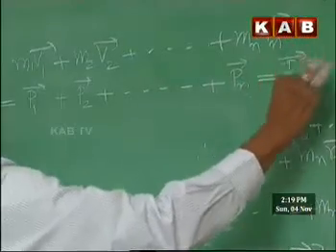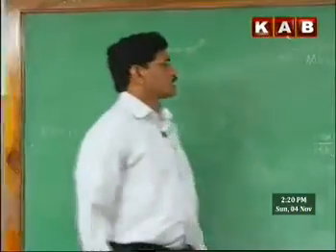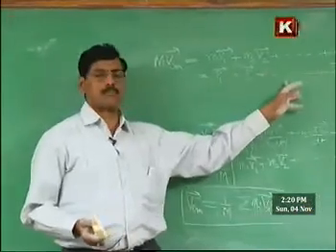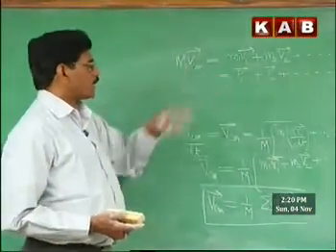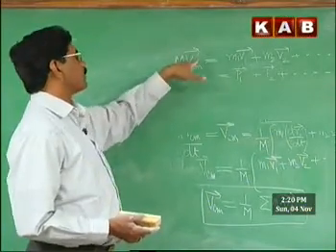P is now the total linear momentum. So the vector sum of linear momenta of the individual particles of the system makes up the total linear momentum of the system. Now the total linear momentum of the system is the same as the mass of the system into the velocity of center of mass.